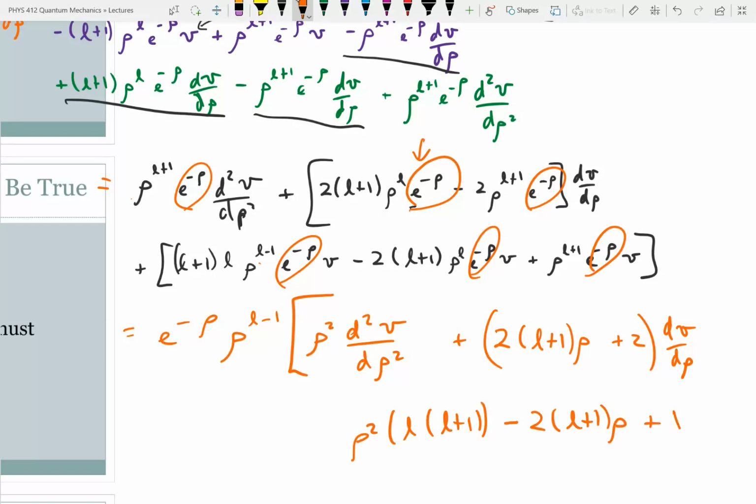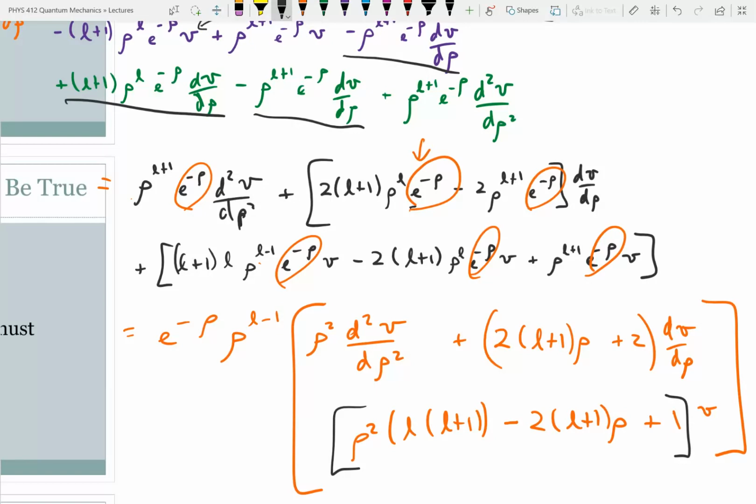Shouldn't it be a rho squared by that 2? And sorry, in the second term by the dv, the first derivative. Here, because you took out rho to the L minus 1 out of rho to the L plus 1.